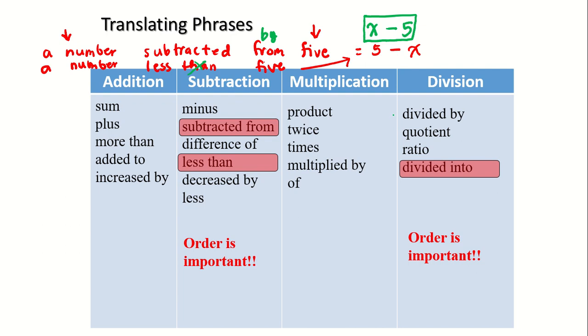When we say a number divided by 2, this is x over 2. But if we say a number divided into 2, the 2 first would be our dividend and x would be our divisor. So make sure you know how to differentiate divided by and divided into.